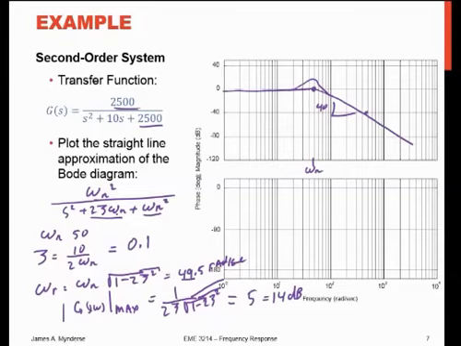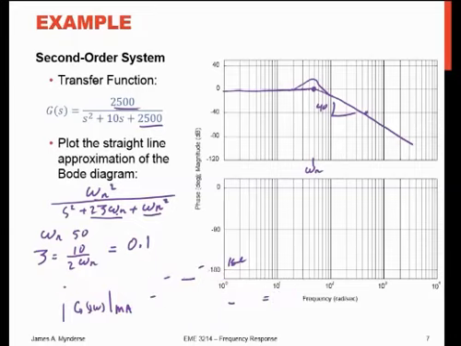For the phase, I'm going to erase this just because I'm going to need the room. Because there are 2 poles, it's going to go through minus 90 degrees at that break frequency right there. But we know that the slope depends on our damping, and we can calculate the corner frequencies for the phase plot.